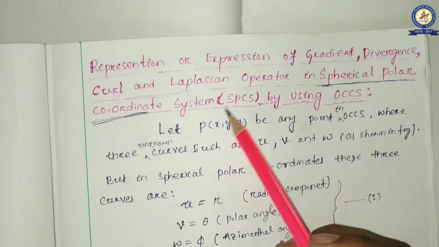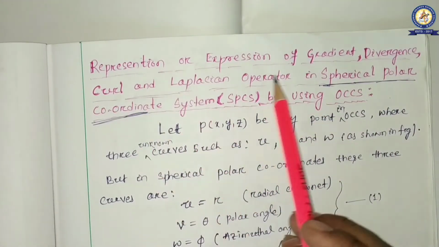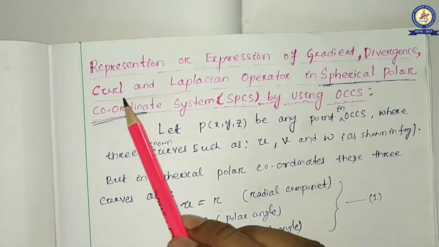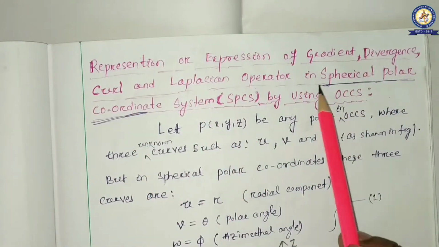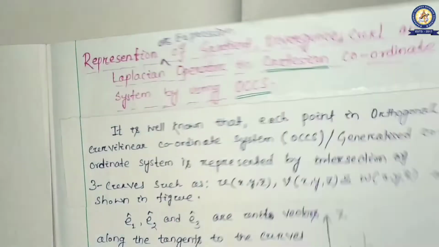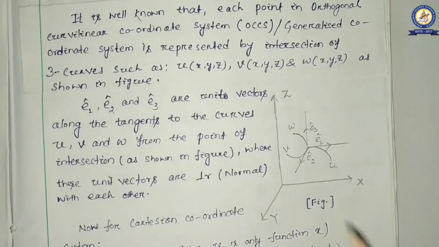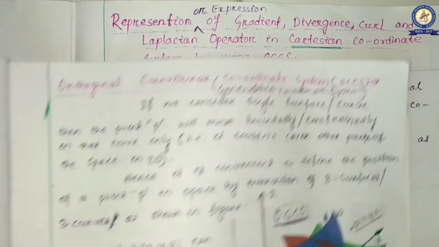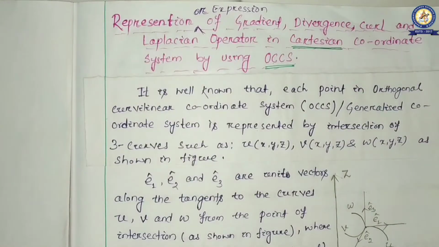Likewise, these operators, gradient, divergence, curl and Laplacian operator in cylindrical coordinate system by using OCCS. So it is very important that we clearly understand what is called the orthogonal curvilinear coordinate system. In this class we are going to discuss it shortly.